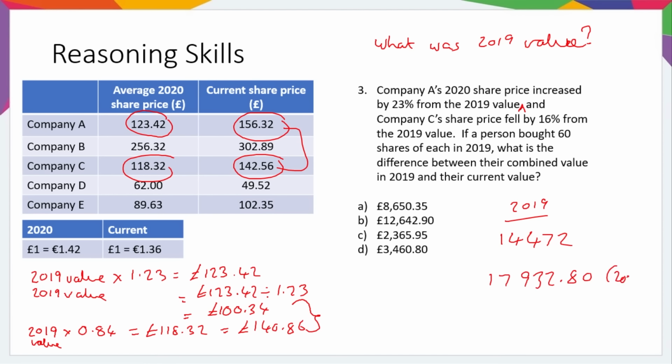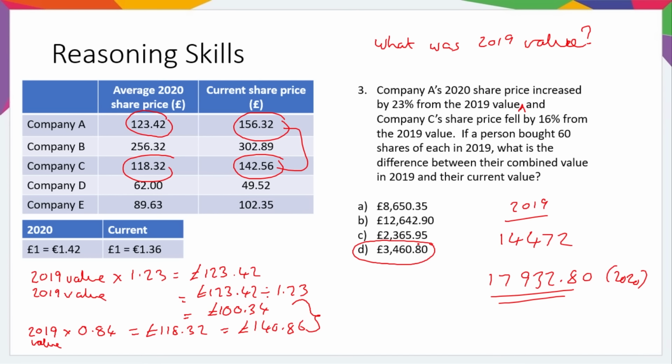That's in 2020. So all we are doing is just subtracting one from another. Since we've got this value in our calculator, it'd be silly to clear it just to type it back in again. So just hit minus 14472 and we've got our answer of 3460.8, which is answer D.